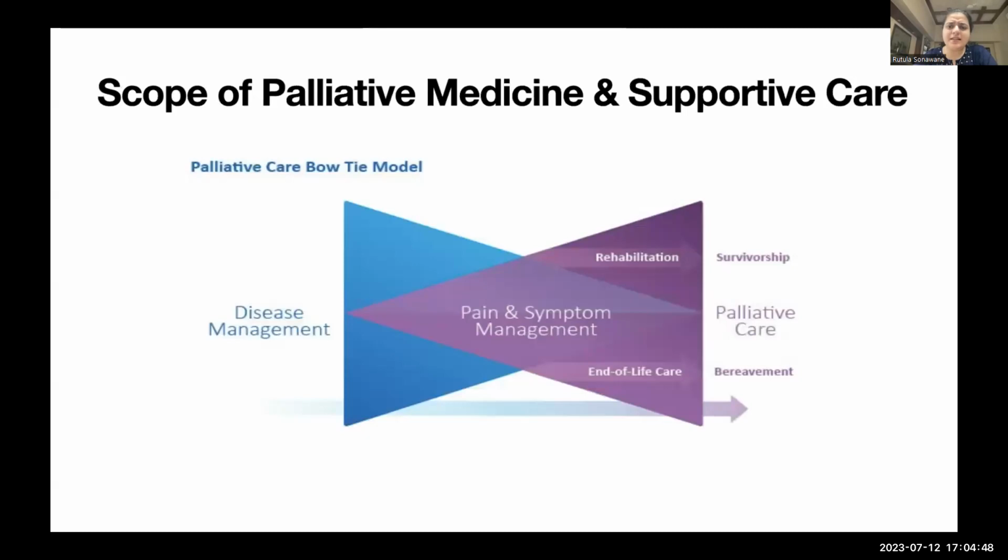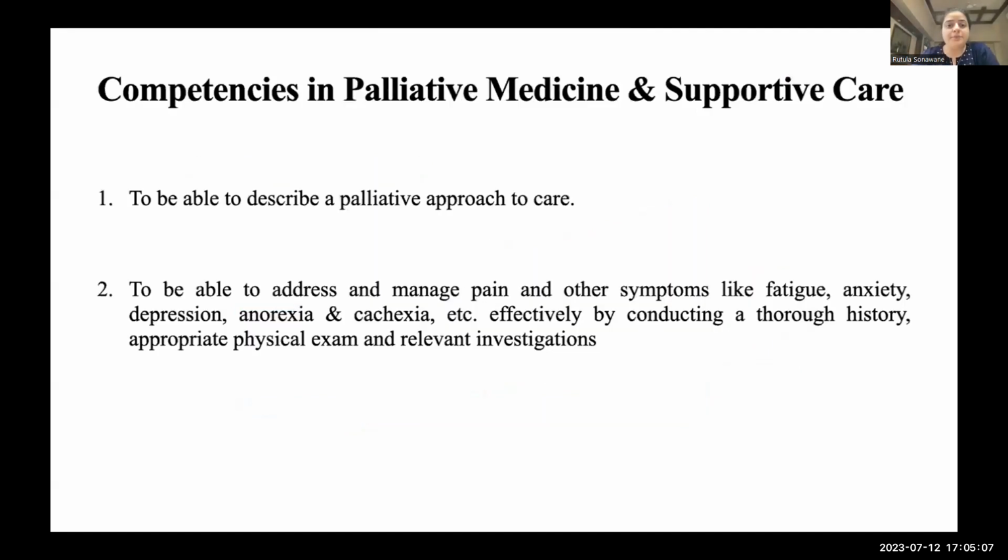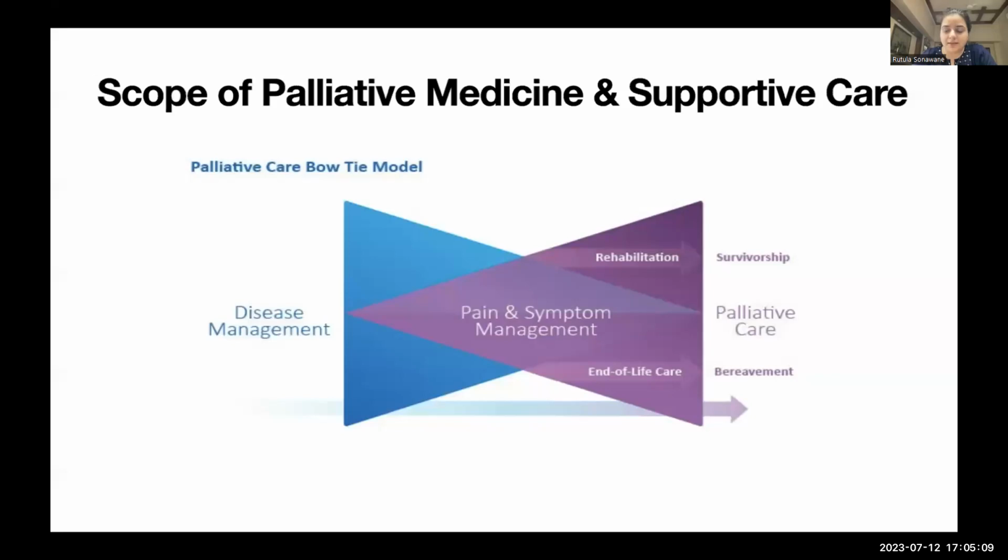Again, to emphasize, it should be an integrative model where symptom management and psychological or social management go hand in hand with disease-modifying agents, and may proceed either to survivorship and rehabilitation or end-of-life care and bereavement.